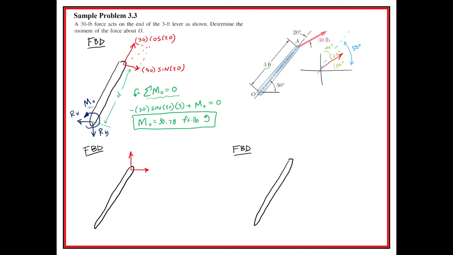But in breaking this thing apart right here onto this load, we could say that this was 30 times the cosine of 30 pounds. And then right here is 30 times the sine of 30 degrees.